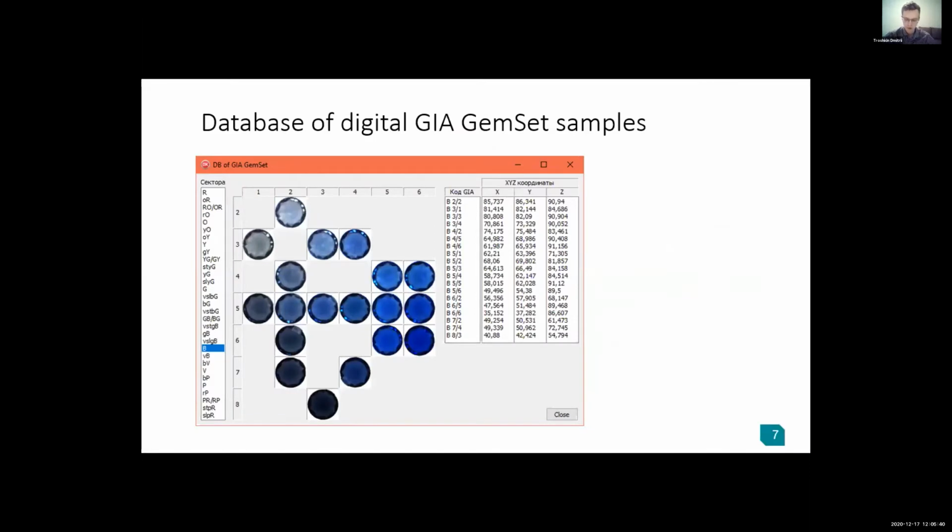It's even possible to make a special etalon database, local database etalons, by digitizing existing physical sets of imitators, as we already did by digitizing GI gemset samples for quality evaluation of precious stones.